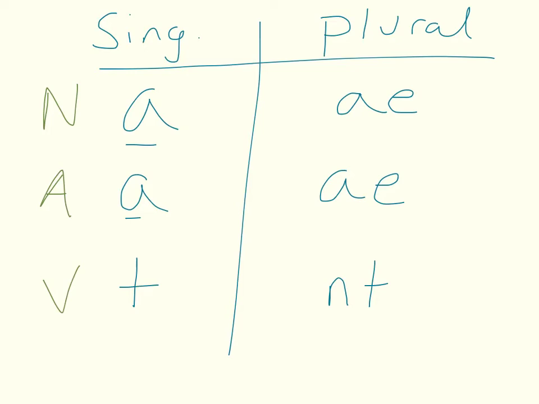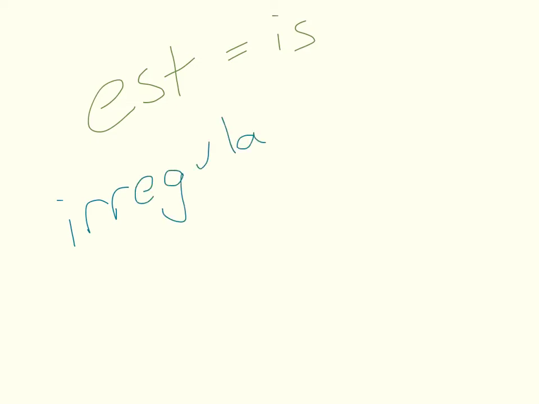Alright, so this is true of our verb est as well, which equals is. And this is something that we looked at briefly in Chapter 1, but considering it again now, est is what we call an irregular verb, which means that it doesn't follow that particular convention.